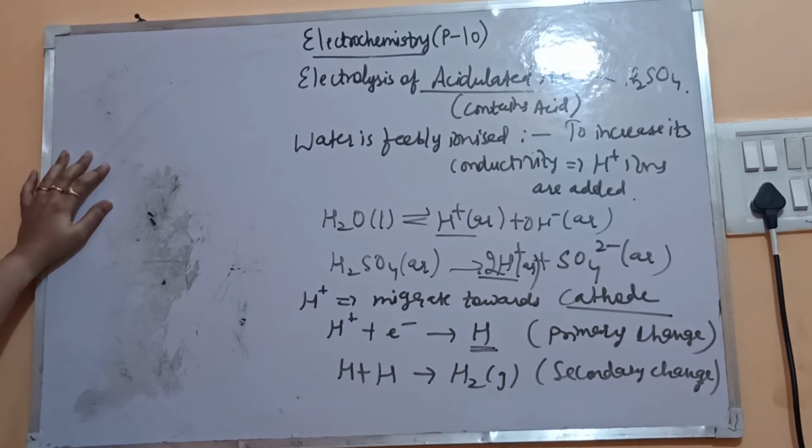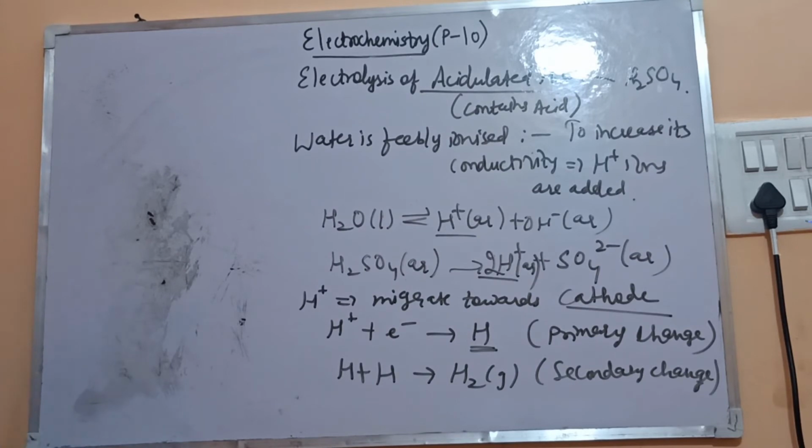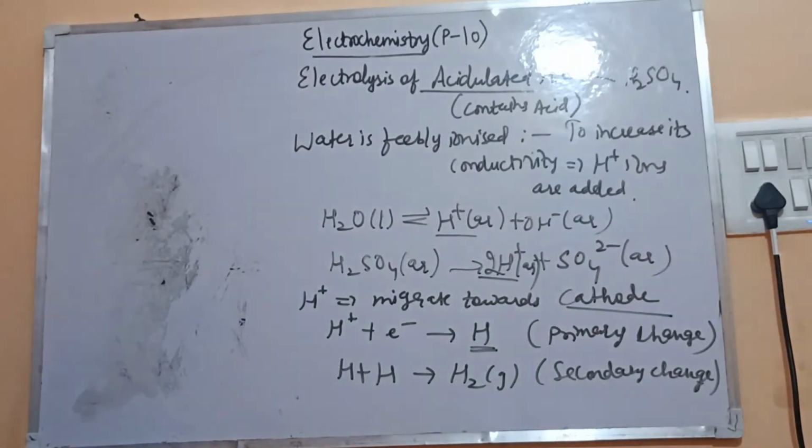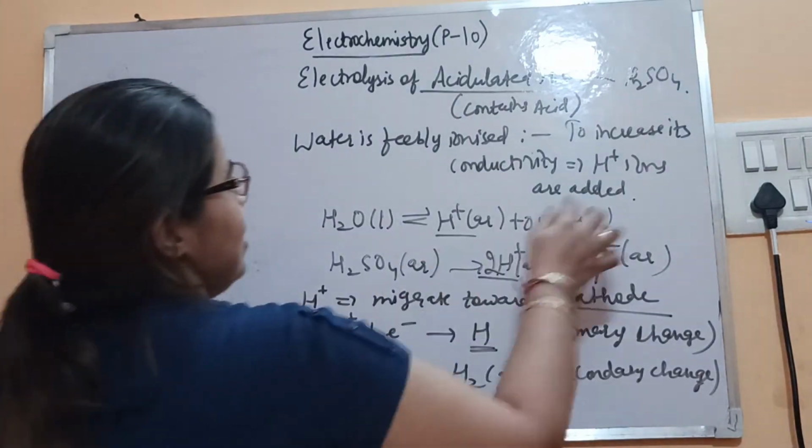Lower E naught value. So OH minus ion is having lower E naught value, so sulfate ions will remain in the solution, and OH minus ion with the less discharge potential will get liberated at the anode. So let's see the process.